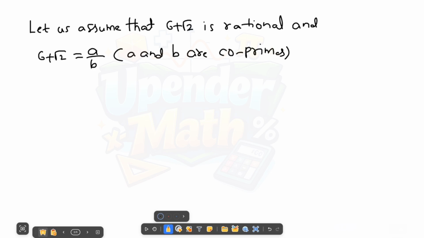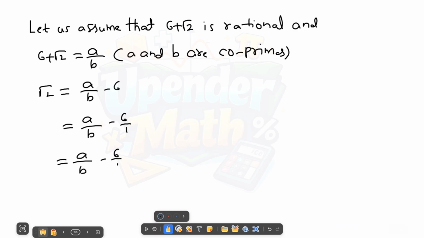Send 6 to the right side. Now root 2 is equal to a by b minus 6. Write 6 as 6 by 1, multiply and divide with b to make the denominators equal on the right side.